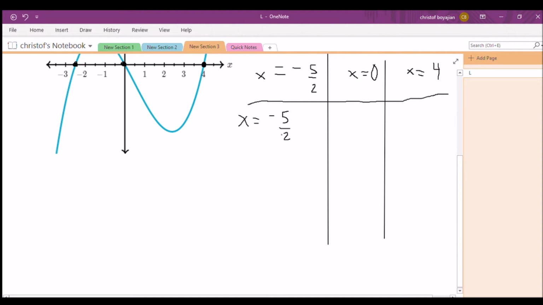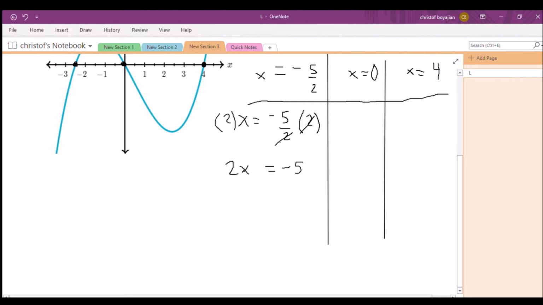We can do some algebraic steps. If we multiply by 2 on both sides, we can get rid of the 2's on this side. Then we get that 2x is equal to negative 5.